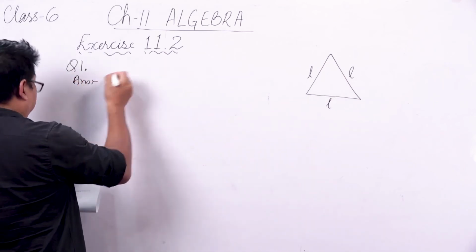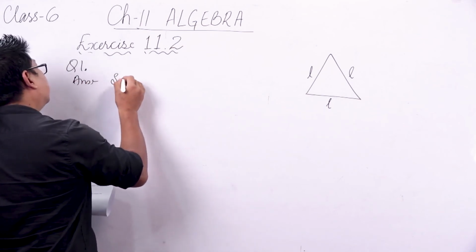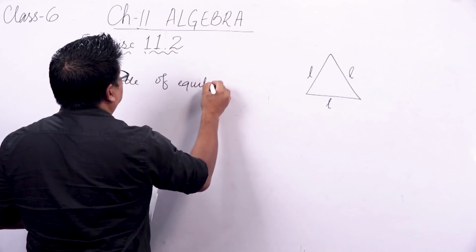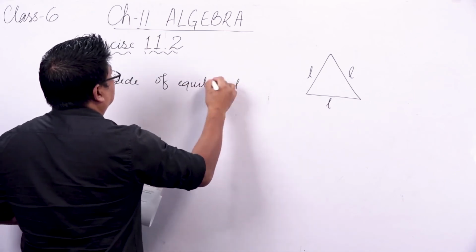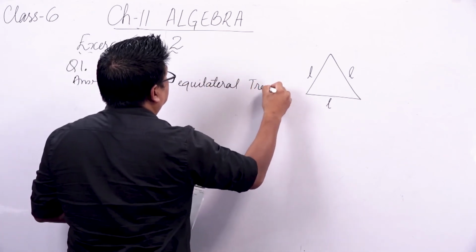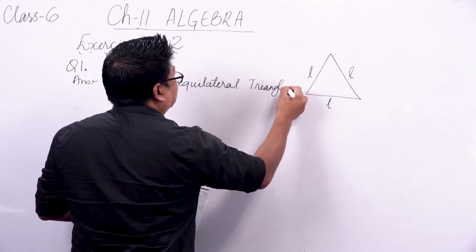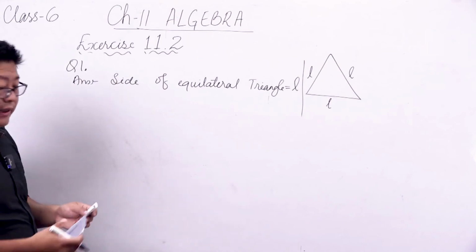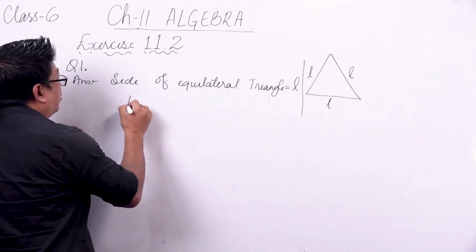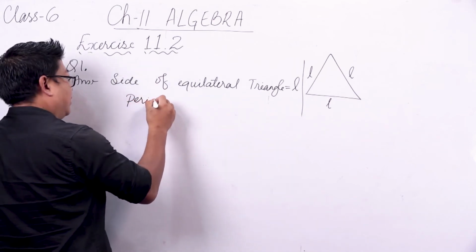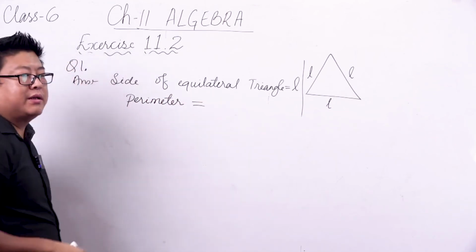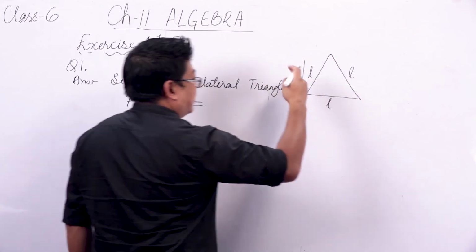So we can write, side of equilateral triangle. It is given as L, right? It is given as L, one side. Now, we also know that perimeter, we have studied this. Perimeter simply means addition of all the sides, right?